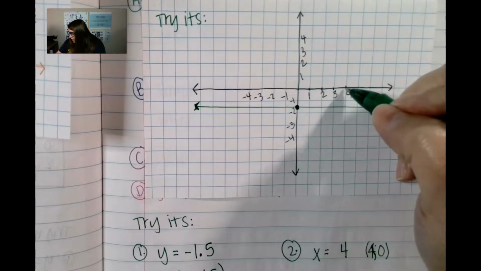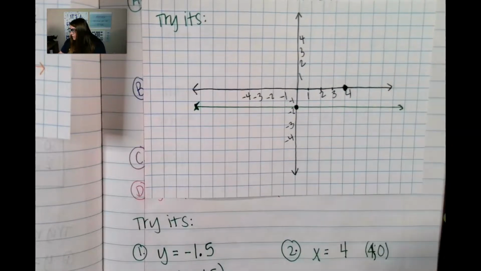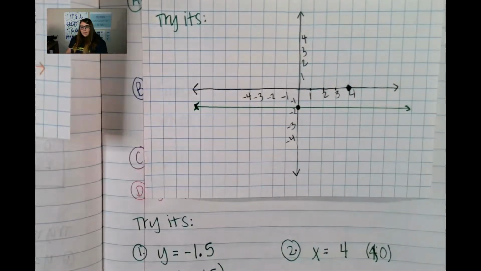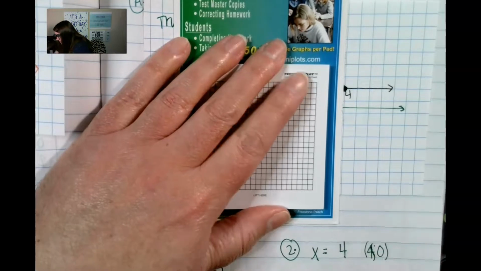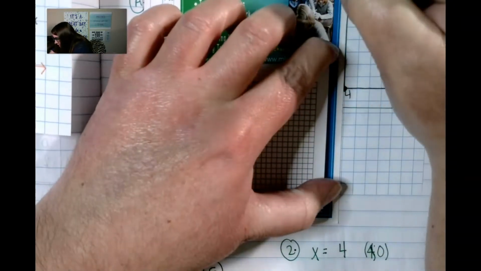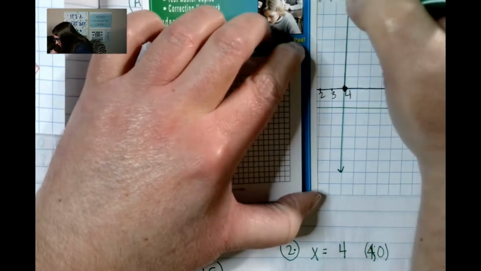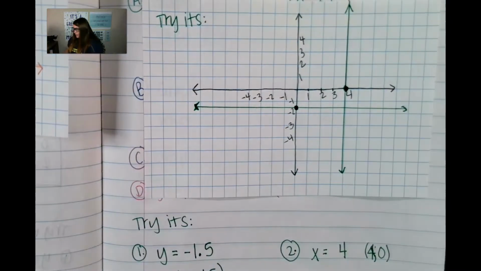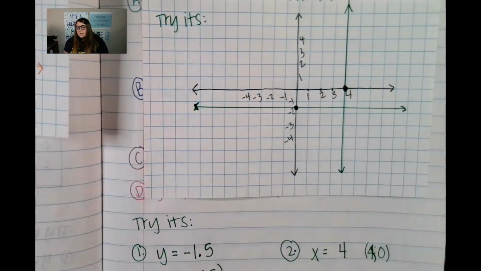And then I am going to go nowhere on the y-axis. So because I go nowhere on the y, I stay right there. And my line is vertical, because if I were to have a y value, my x value does not change. My x value will stay the same. So there you go. So you should have one here and one there.